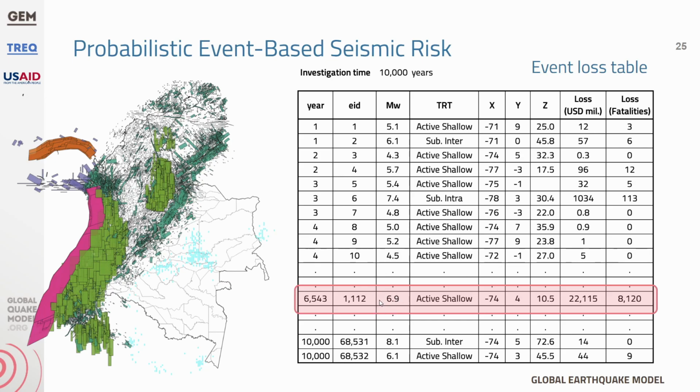And this is a magnitude 6.9 earthquake in the active tectonic regime with a certain depth. It's quite a shallow earthquake, but this one is causing the most losses from all our investigation time, even though it's a 6.9 magnitude event and not, for example, an 8.1 subduction interface event.